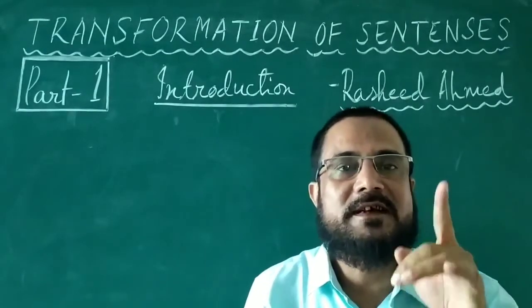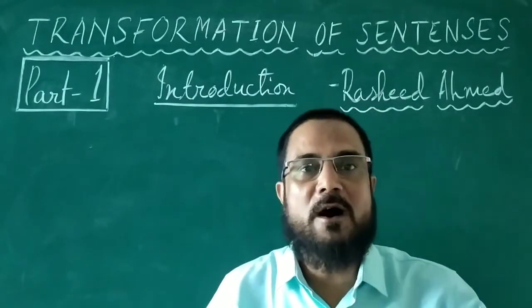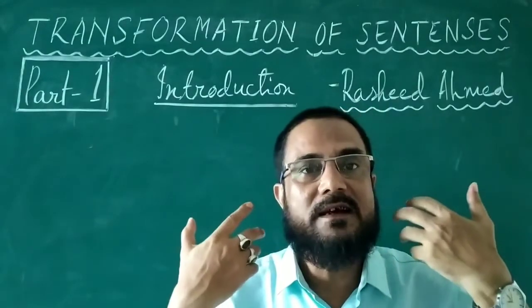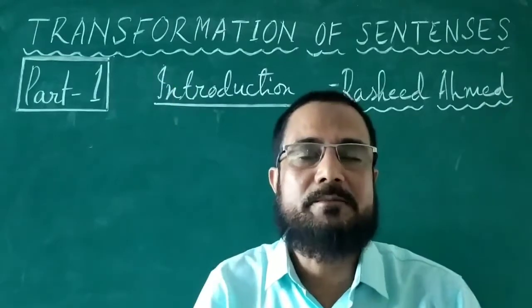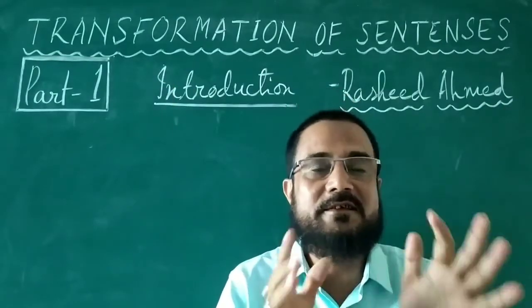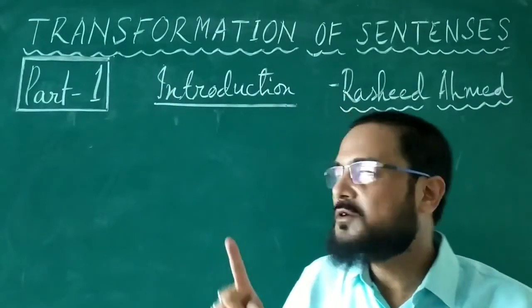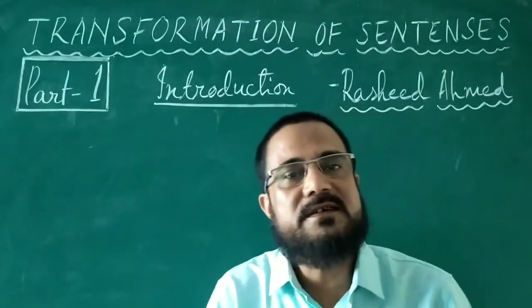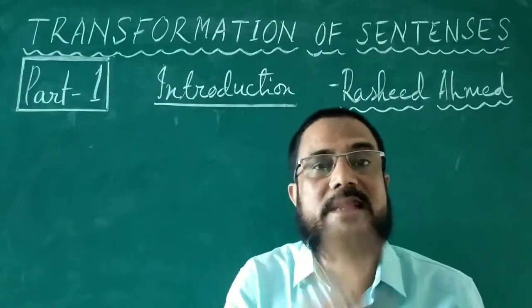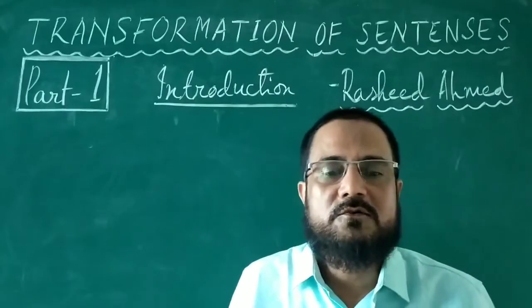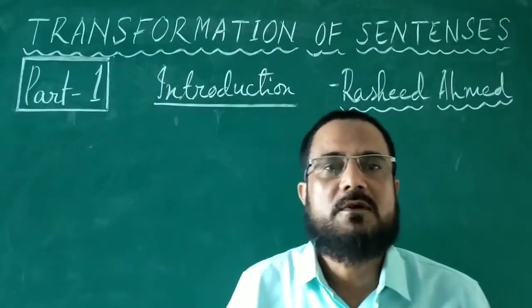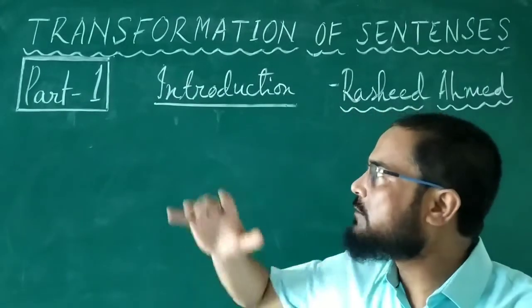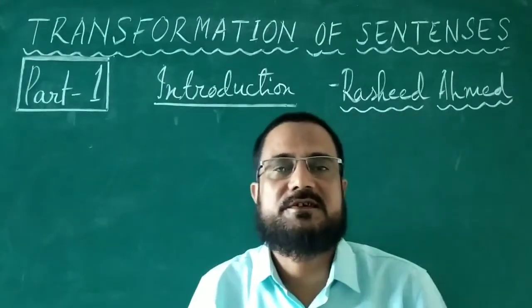That is very interesting. You may be afraid that how can meaning remain the same, still so huge change should occur. This is interesting. This is not that difficult. So when we do transformation, we will change the structure of the sentence, but still the meaning should remain the same. So what are the things that we do that come within the purview of transformation of sentences?